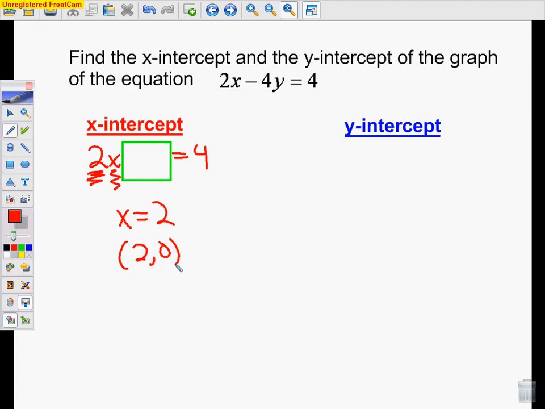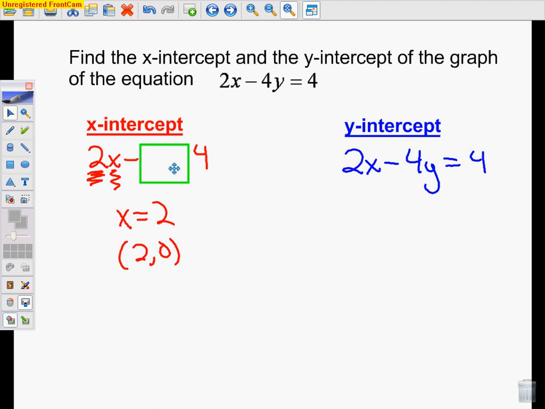Then we can do the same thing for the y-intercept. Again, we start off with 2x minus 4y equals 4. If we use our cover-up method, we're going to cover up the x value to find y.